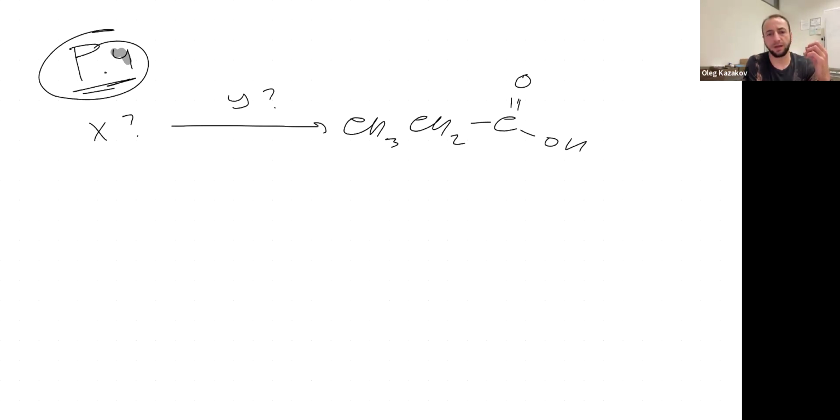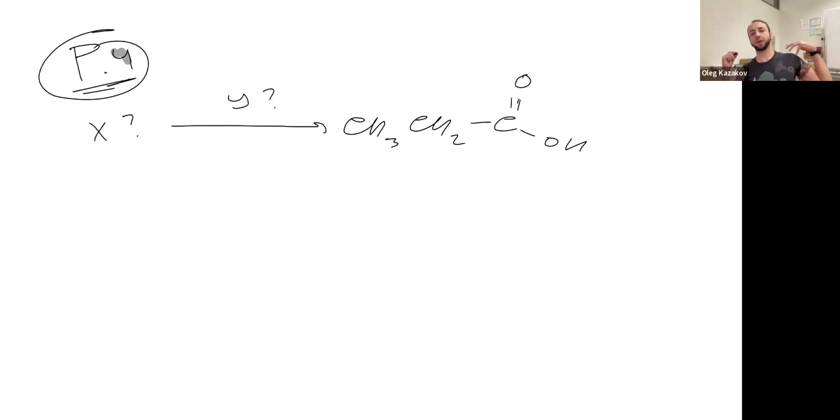So now let's think what's going to happen. This is done via the oxidation of the primary alcohol. You need to have the primary alcohol, and then you need to have a strong oxidizing agent in order to go, as you recall, from primary alcohol to the aldehyde, and then to the further oxidized compound, the carboxylic acid.